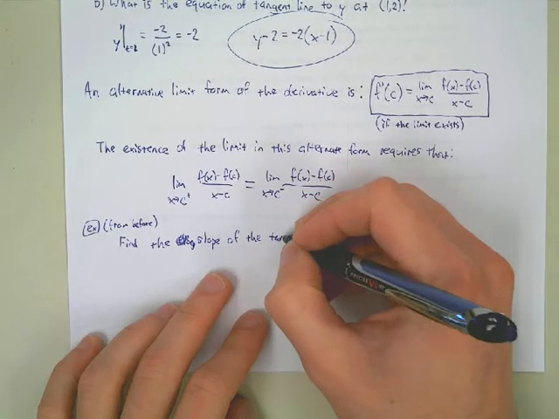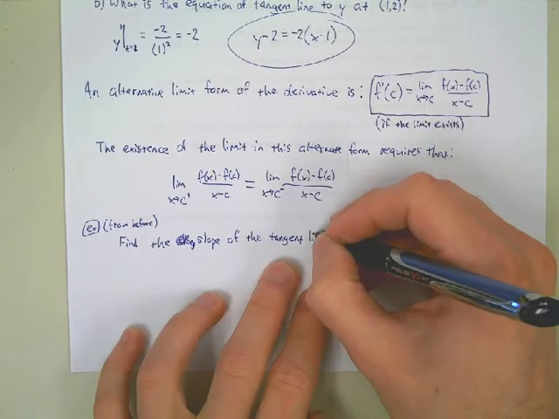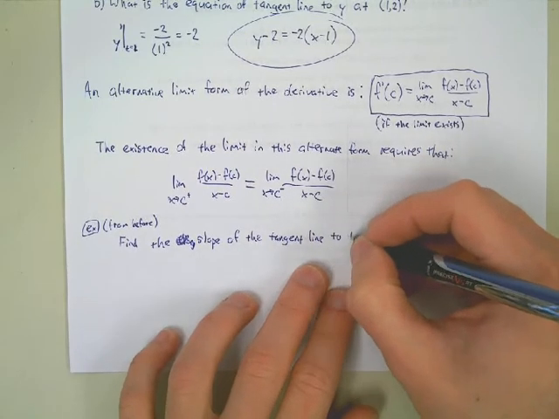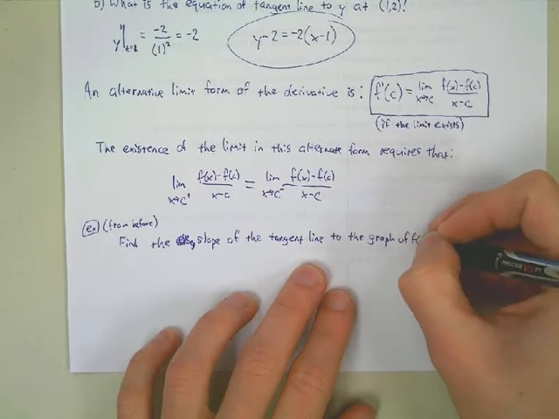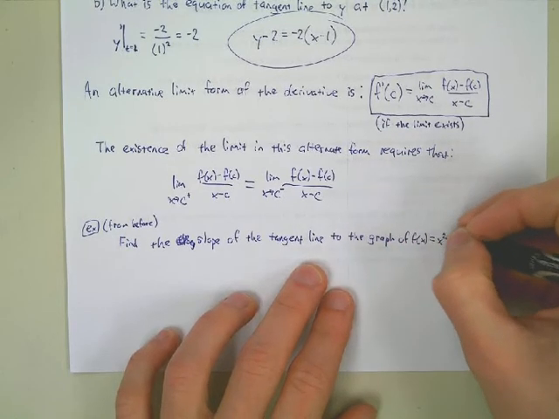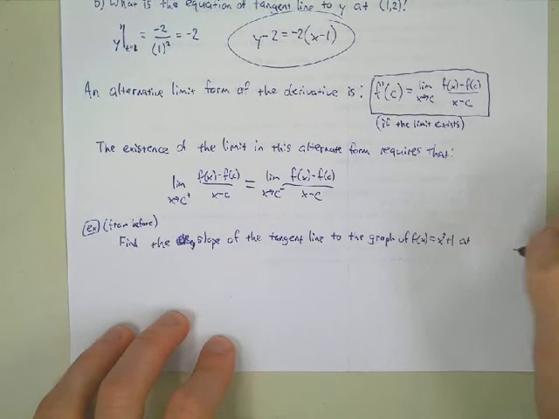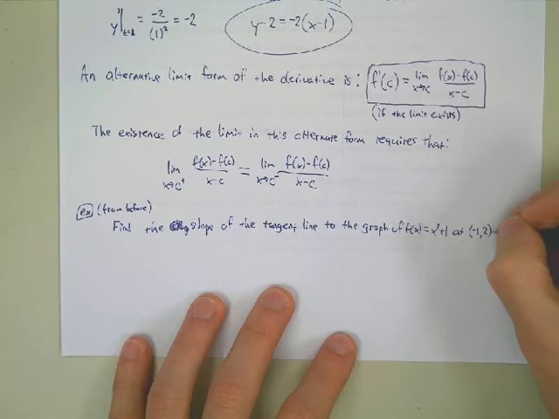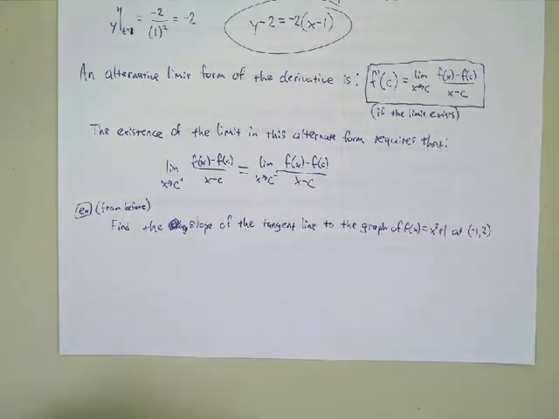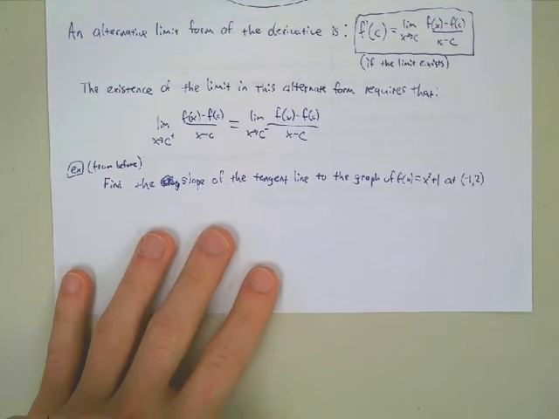Find the slope of the tangent line to the graph of f of x equals x squared plus 1 at negative 1, 2. So remember, we've just done this one. We already know the answer should be negative 2, because that's what we got. Okay, but let's do it now using this alternate form of the derivative.